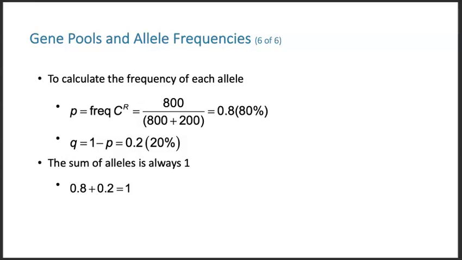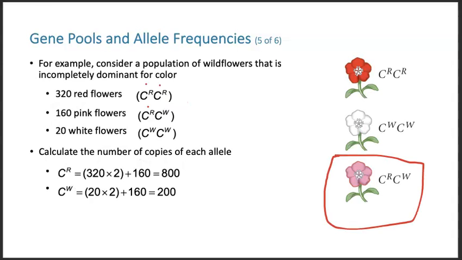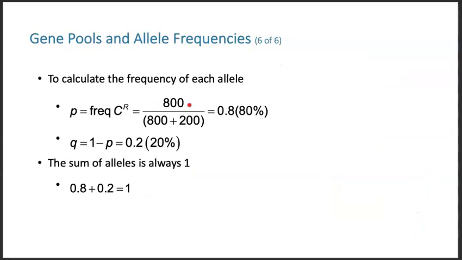Well, the first thing that we can do is we can calculate the frequency of P. And so P here, again, we're arbitrarily assigning P to the frequency of the R allele. So we do the subset, which was 800. Remember, over here, 800 alleles, divided by the total.